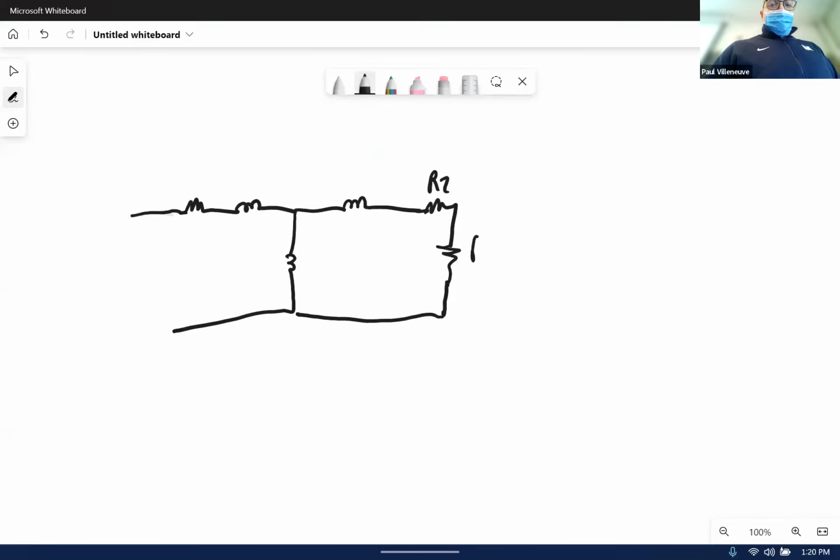This is X2, XM. Don't forget, these are j terms, jX1 and R1, not R2. Okay, so this is our equivalent circuit of our induction machine.